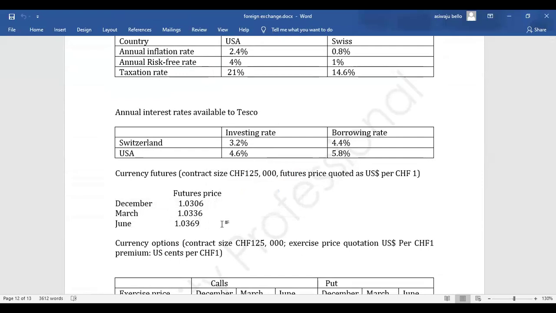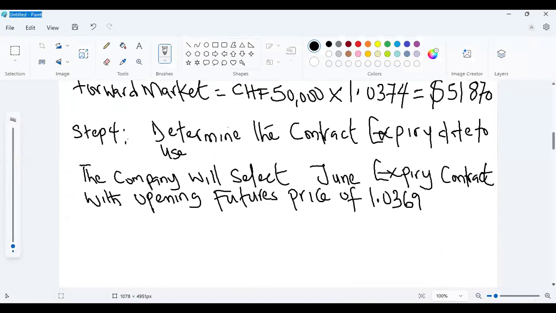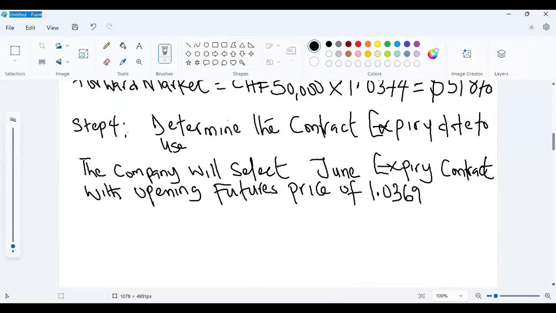When you are done with this, you now move to your step 5. Your step 5 is to determine the hedge results, the result of your hedging.